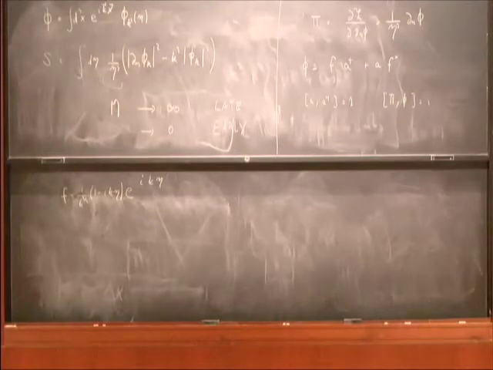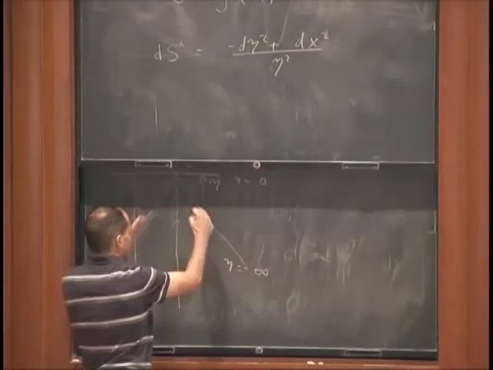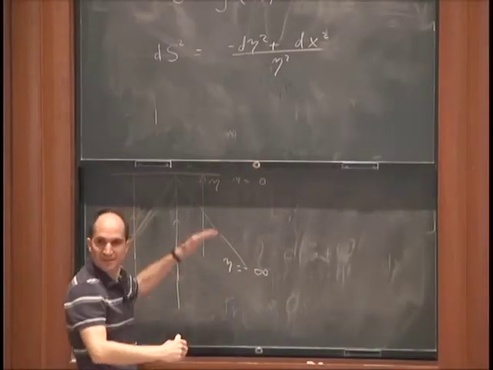And notice that for very early times, when eta is very large, so let me mention the fact that if we look at the causal past, this is the Hubble volume at each time.